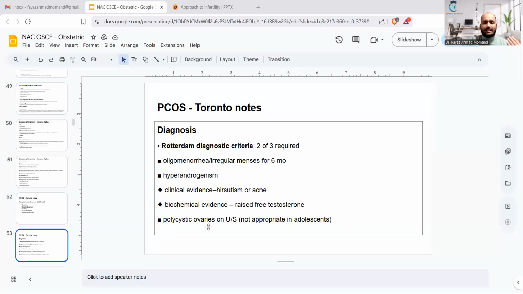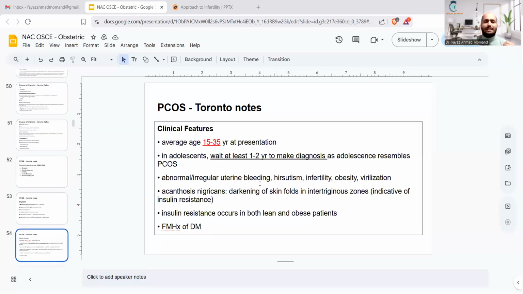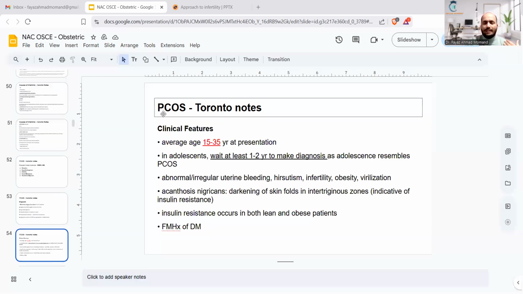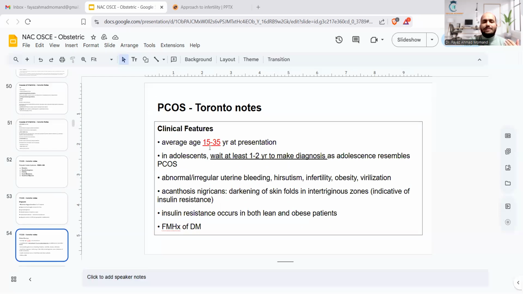We do not consider ultrasound very accurate in adolescents because their ovaries may appear to have multiple cysts without actually having cysts due to the rapid growth of follicles at that age. Now, clinically, PCOS presents between 15 and 35 years.